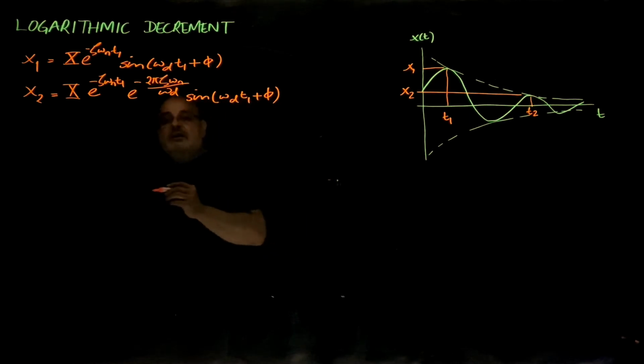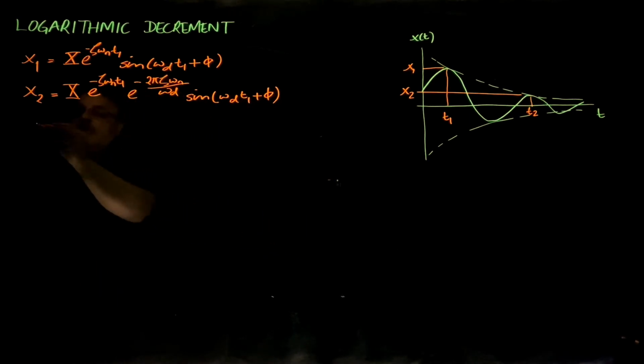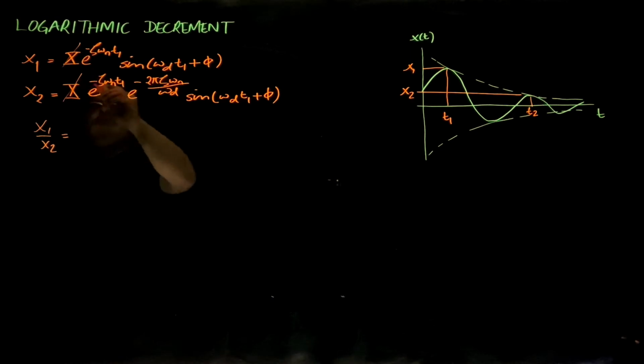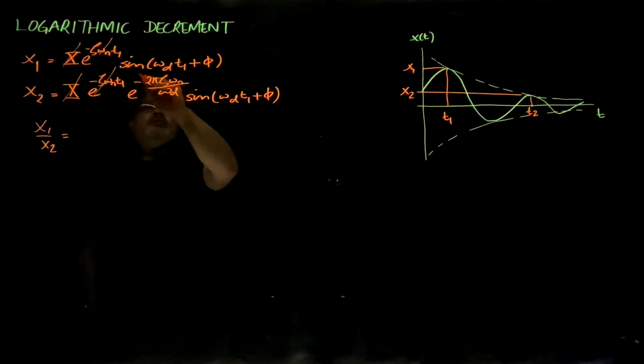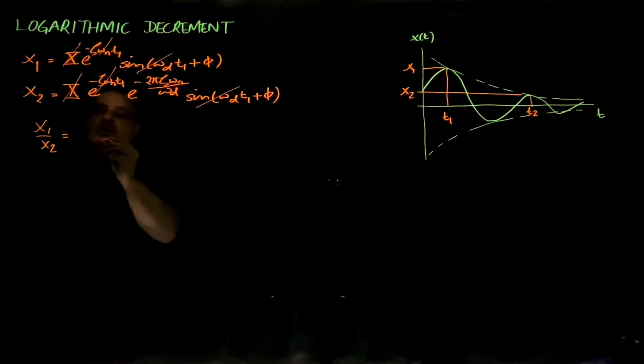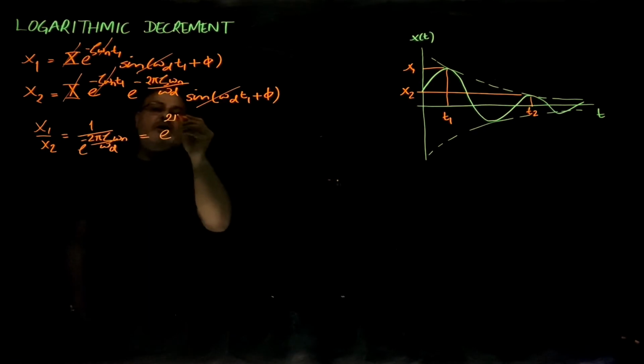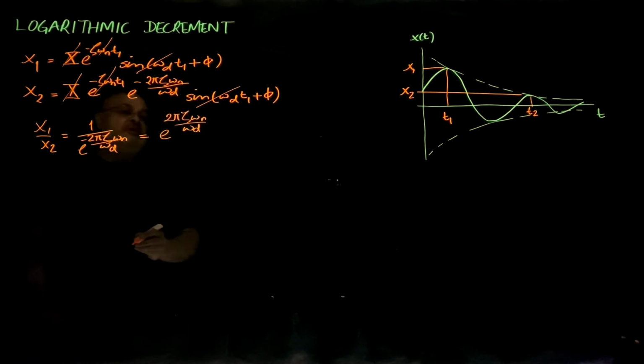So dividing x1 by x2, most of the terms will cancel: X, this exponential term, and the sine term, and I will end up with only 1 divided by e to the power negative 2 pi zeta omega n divided by omega d, which is e to the power 2 pi zeta omega n divided by omega d.